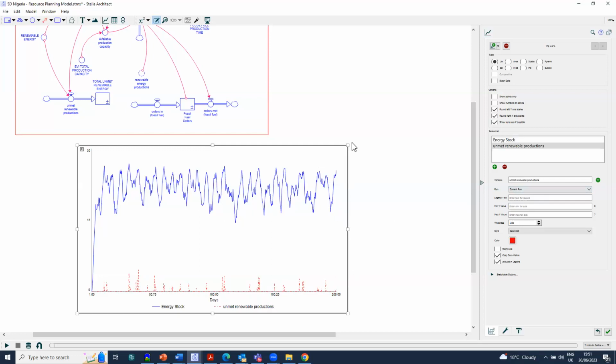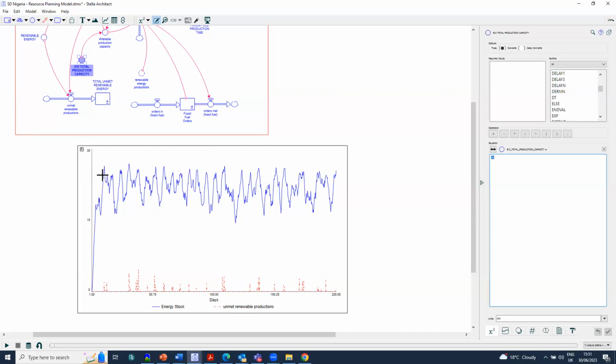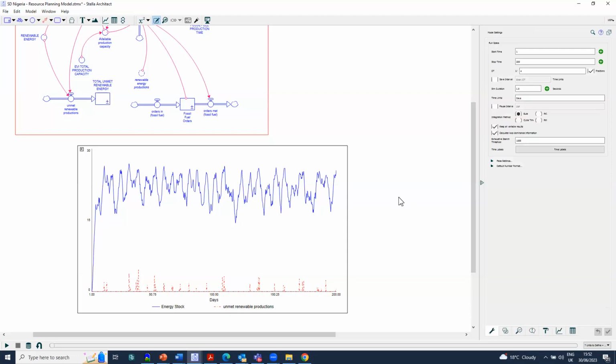If you run this model, let us assume you can see now the energy in stock varies between 20, 15, 20, and 30. Let's say, for example, we put 30 here before. There's something wrong with the plant, and we put it as 0. What do you think will happen with this model? It will collapse.